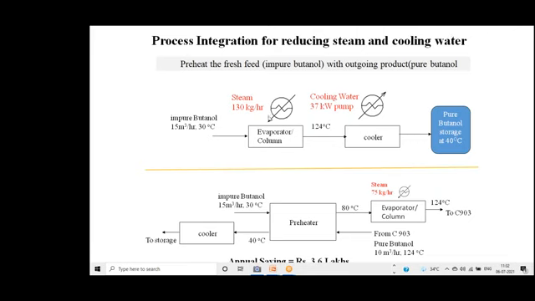The hot product is cooled with the cold product. So you get a double benefit. One is your steam consumption is reduced, from 130 earlier to 75 kg now. Cooling water also reduces, so the pumping power of the cooling water, the entire cooling water energy, reduces.